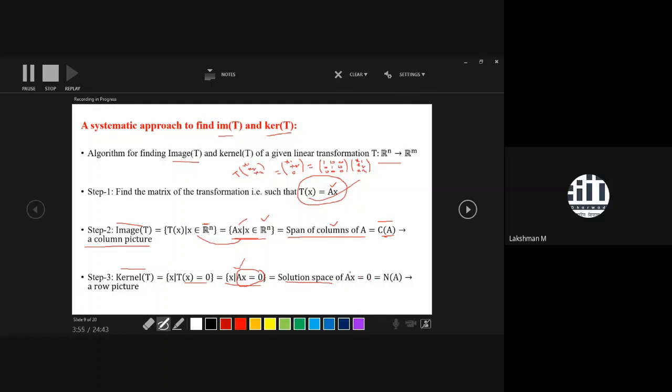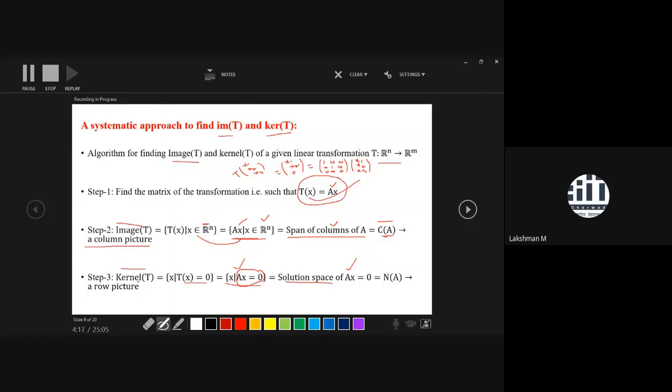So from that perspective, we try to find the collection of all vectors which are nullified by A. Nullify means zero, vanish. It vanishes in the target space: when you apply A over x and it vanishes in the target space, vanishing means it becomes zero.